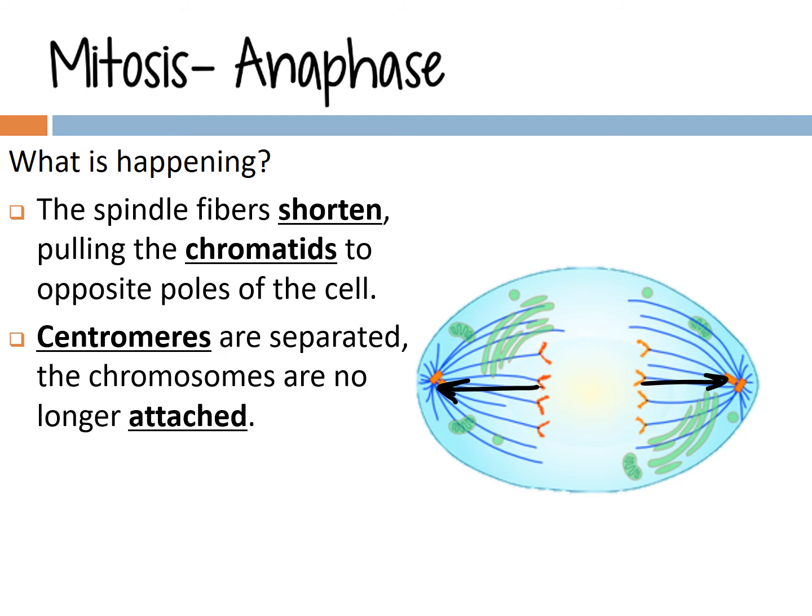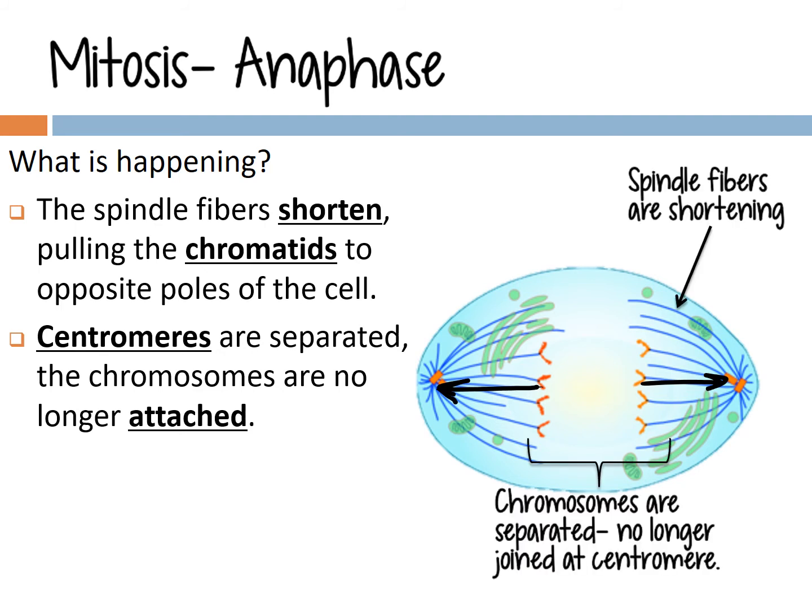The centromeres separate, so the chromosomes are no longer attached. So these are the spindle fibers. They shorten, and your chromosomes are separated. They're no longer joined together. They're like, I miss you. Wait, come back. But they can't.